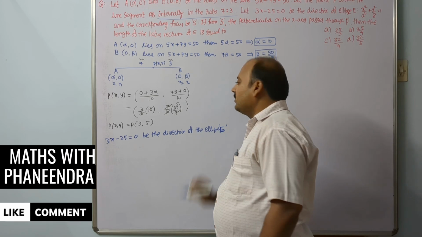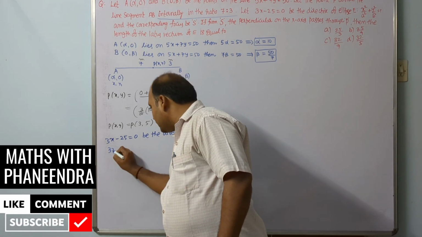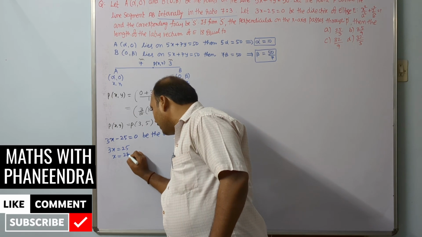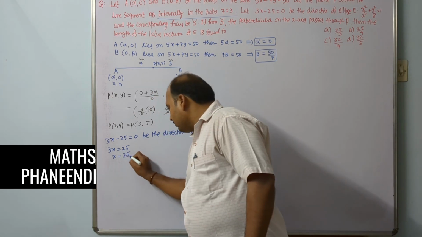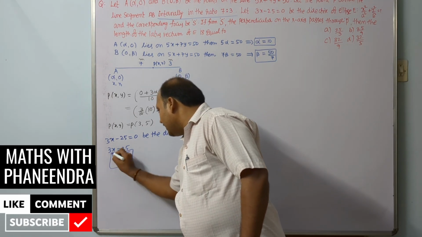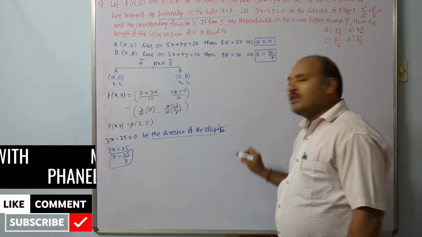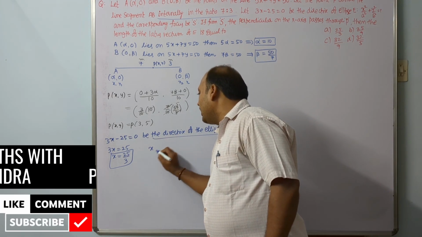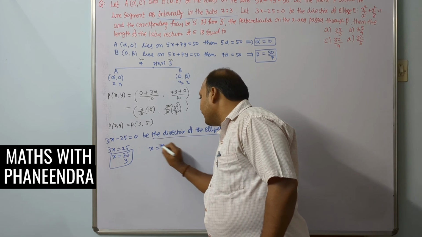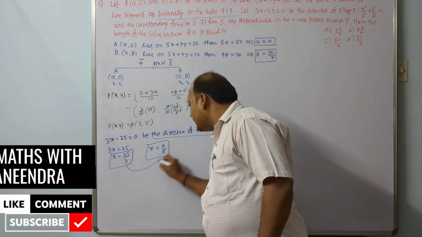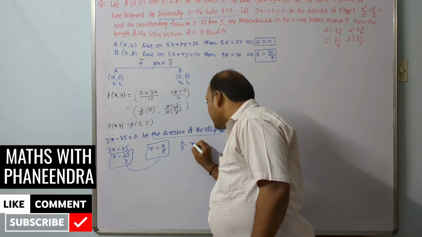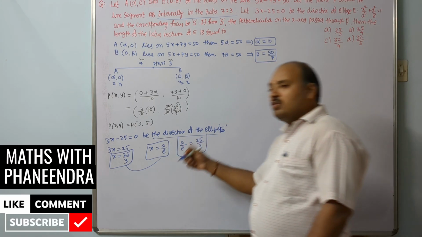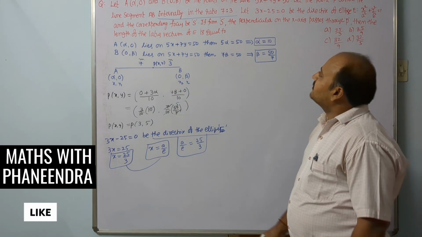Ellipse, capital E. So 3x minus 25 means 3x is equal to 25, so x equal to 25 by 3. Generally, the equation of the directrix of the ellipse is of the form x is equal to a by e, dear students. So from this comparison, a by e is equal to 25 by 3. Keep in mind and put it in the box. This value we will use in the coming steps.